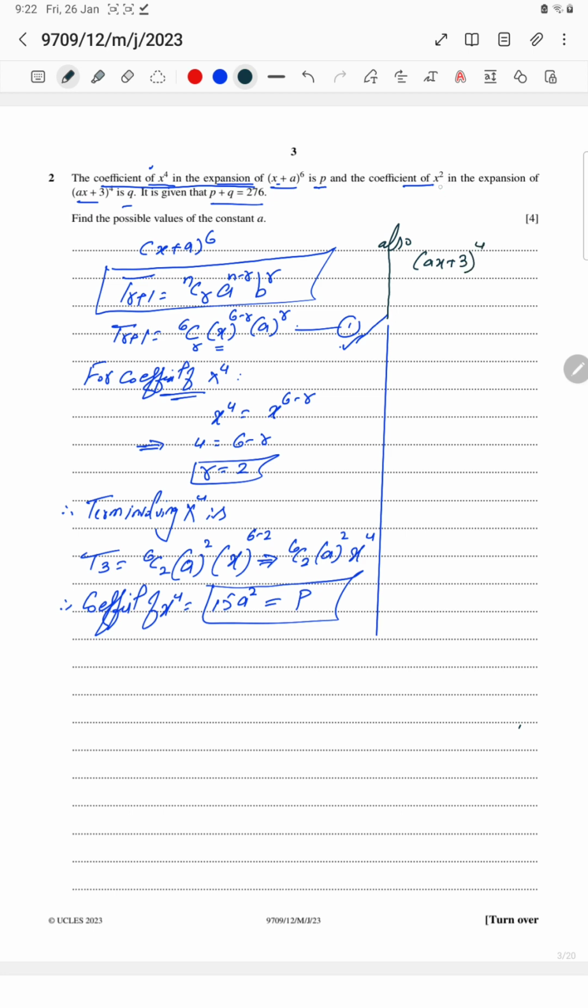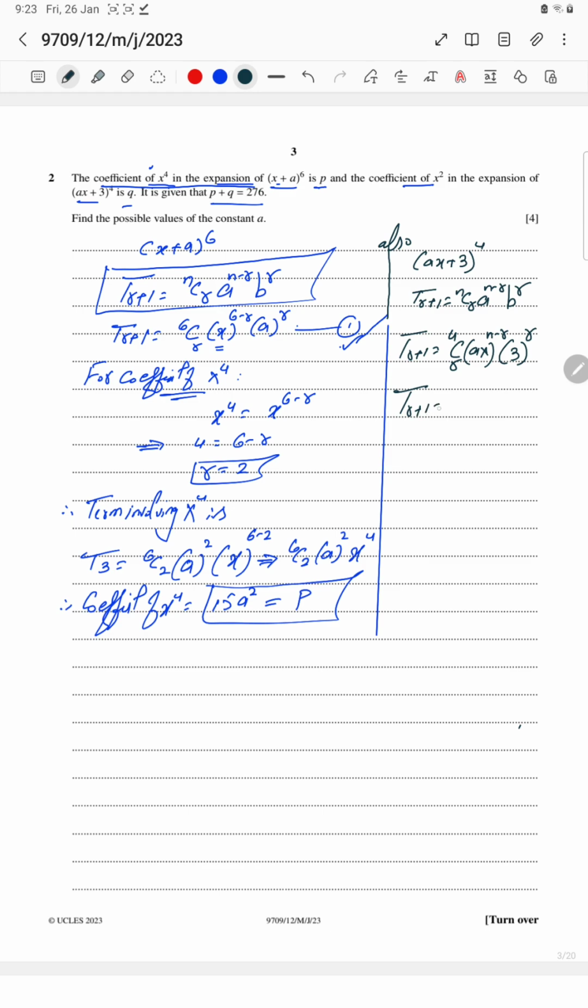Now we are interested in finding the coefficient of x squared, so applying the same rule, T(r+1) equals nCr a to the power n minus r, b to the power r, so T(r+1), n is 4 here, r is r, a is ax to the power n minus r, and b is 3 to the power r.